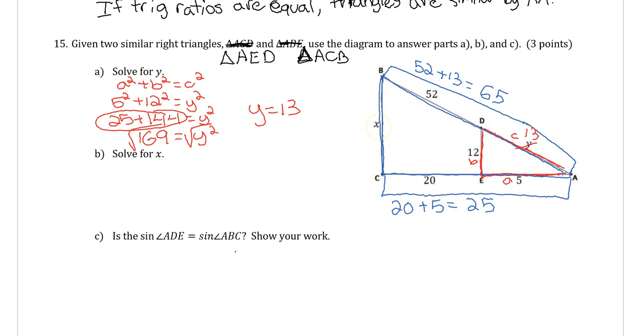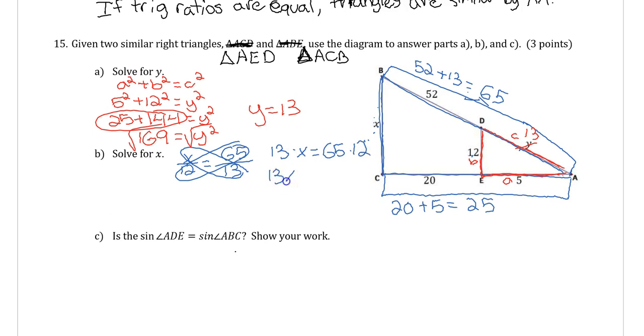So if I'm solving for x, I'm going to do x over 12 equals, and then I just have to choose one other side. So this was on my blue triangle. I'm going to go up here and do 65 over, in my red triangle, I have 13. Okay, so again, matching up those sides. So then I cross multiply, and I have 13 times x equals 65 times 12.